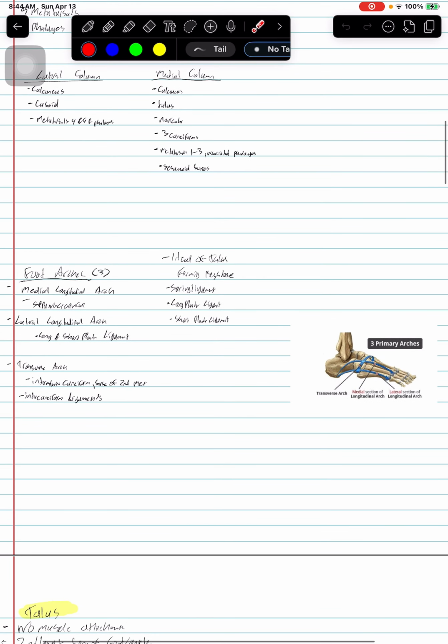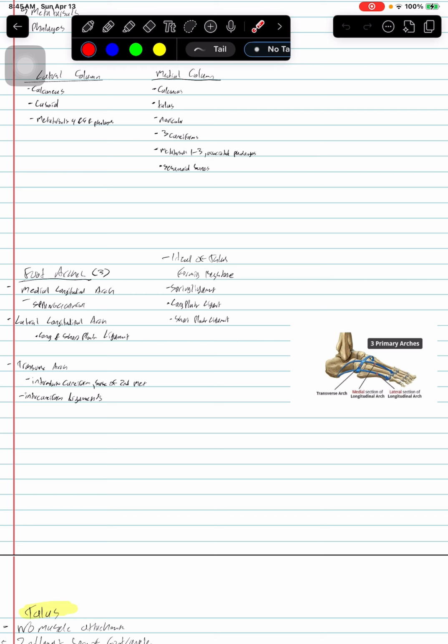In addition to the medial longitudinal arch, the spring ligaments would be attached within that axis. You also have your lateral longitudinal arch, which is where the long and short plantar ligament would be associated.